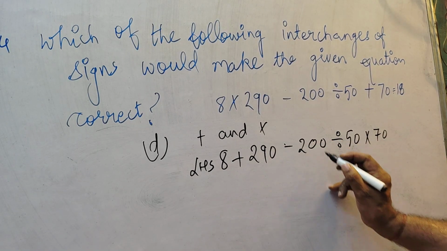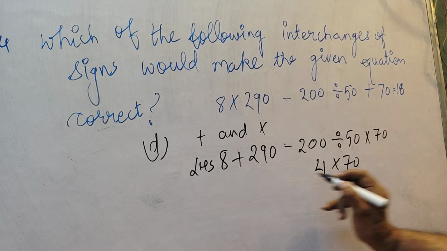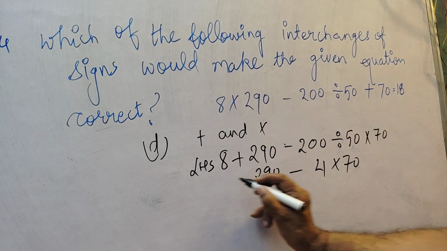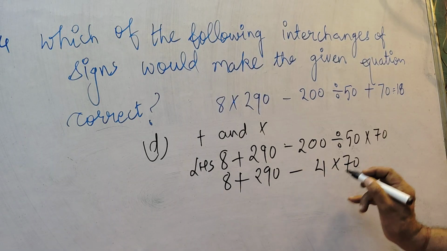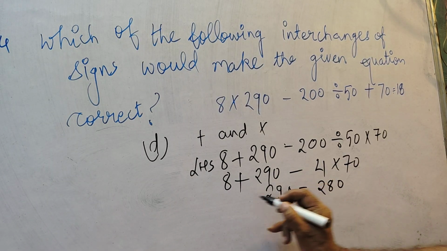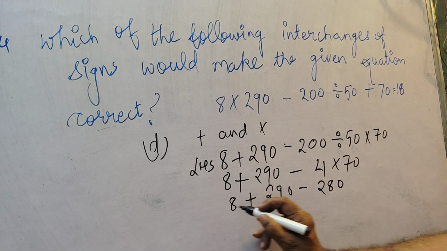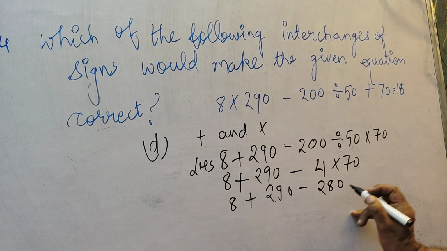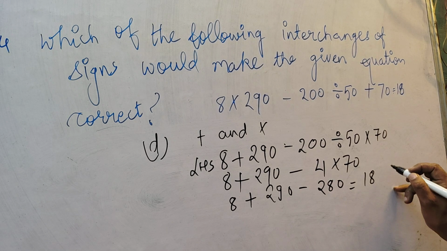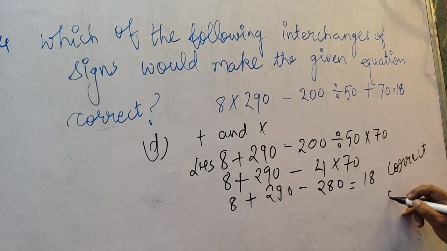Now we solve divide first. 200 divide 50, we get 4. So 4 multiply 70 is 280. 8 plus 290 is 298, 298 minus 280 is 18. So this one is correct. So option D is the correct answer.